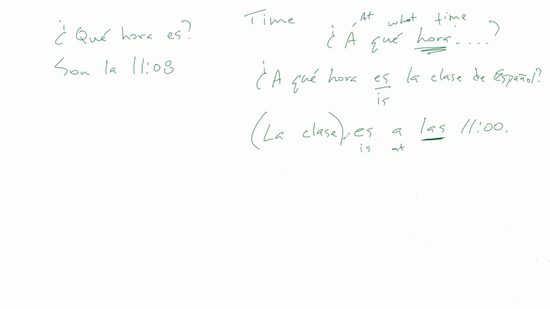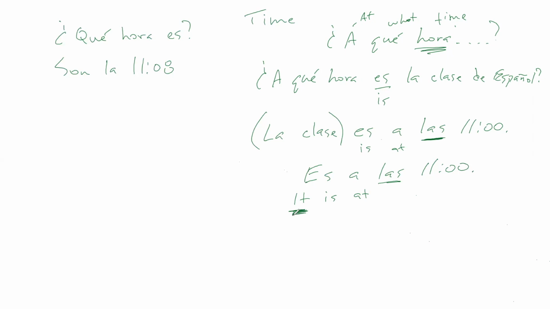So if we already know we're talking about the class, this sentence, we could just say es a las 11. And that would translate to it is, right, at 11. And again, you still need that las. So in Spanish, there's not a word for it that is the subject of a verb. So to say it is, we just say es.